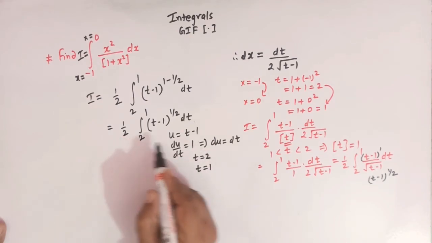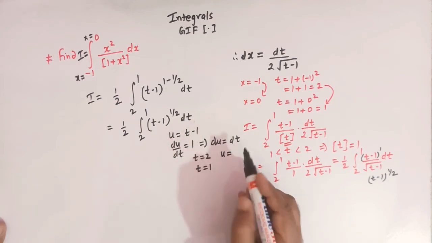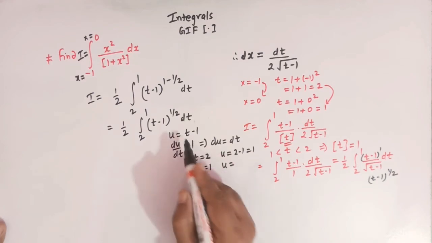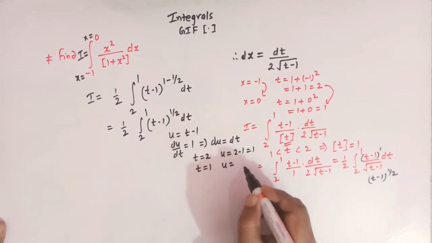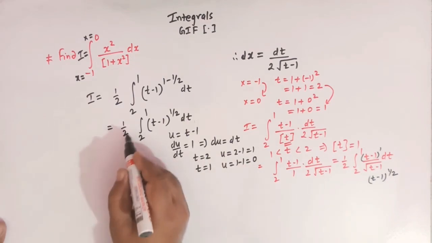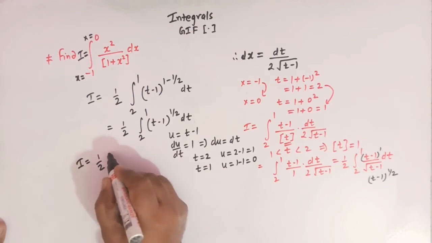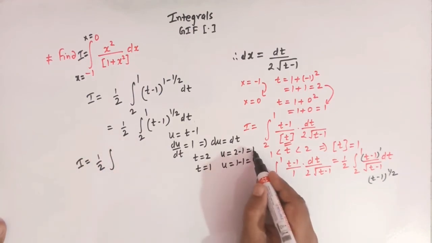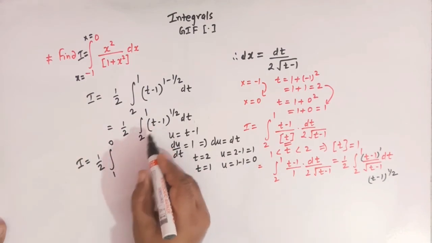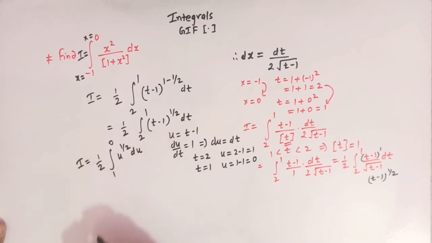When t is 2, the value of u is 2 minus 1, that is 1, and when t is 1, the value of u is 1 minus 1, that is 0. So now I is half, the limits of integration from 1 to 0, u raised to half du.